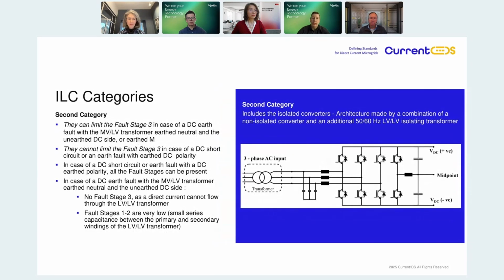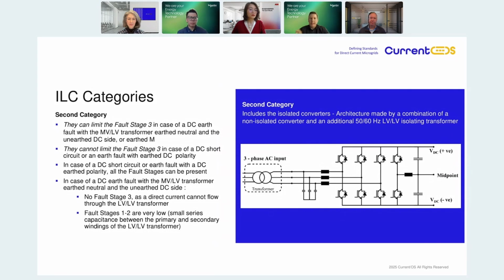In the second category of converter, as you can see here in the figure, we have the so-called isolated converters, whose architecture is made by a combination of a non-isolated converter plus a dedicated low voltage external transformer, which is not the main transformer of the system, but a transformer dedicated to the converter.